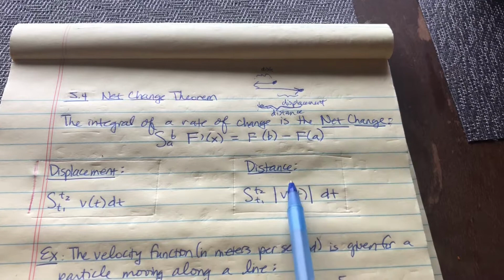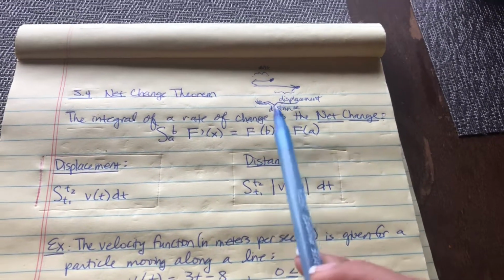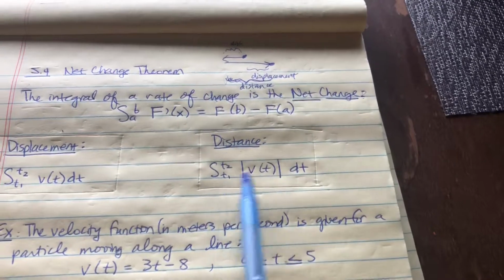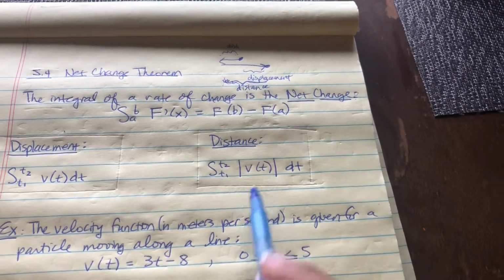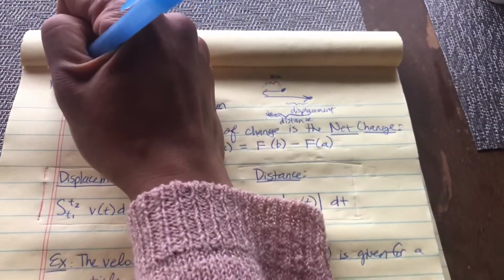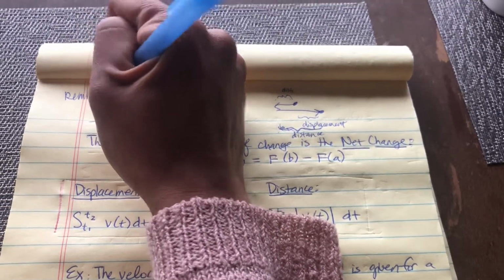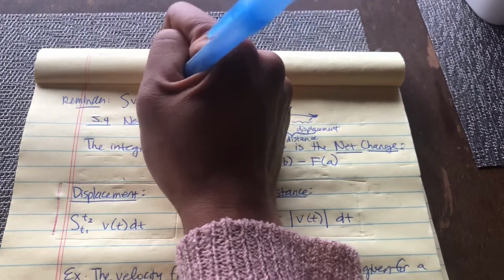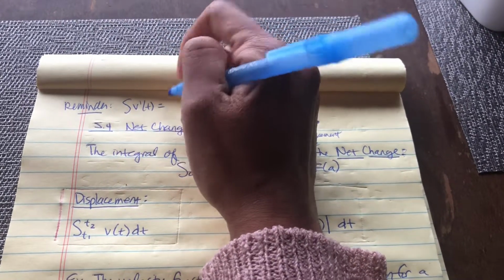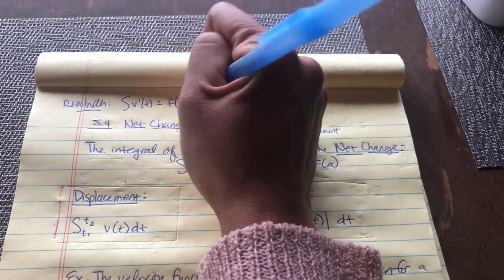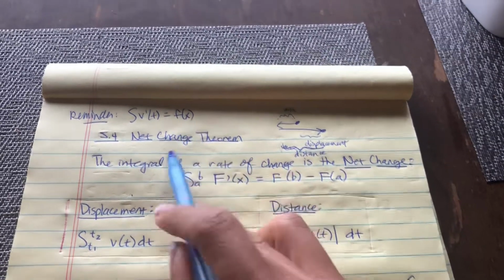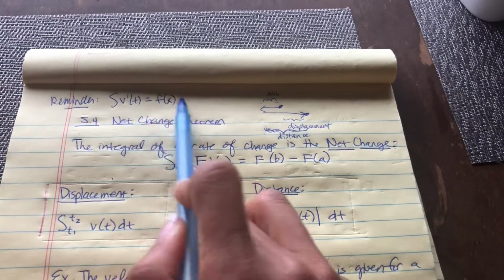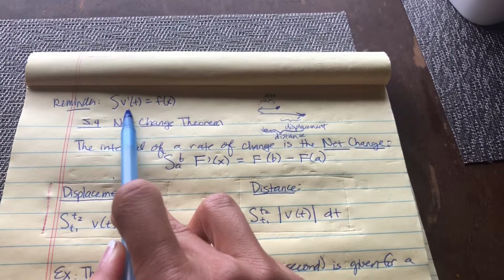So when you're thinking of distance, we want to take the absolute value of velocity, because remember the antiderivative of velocity is the position. So maybe I should write this down here, reminder, that the antiderivative of velocity is the distance, right? So the distance that something traveled. Or if you think, the derivative of the position will give you the velocity.